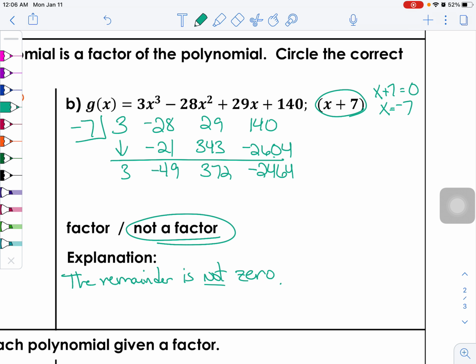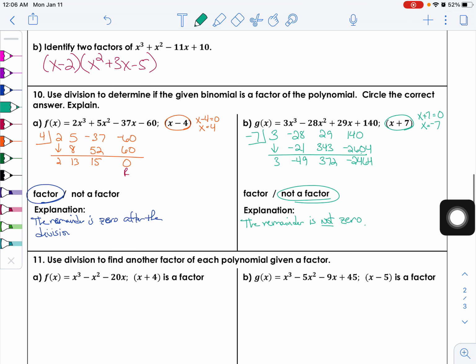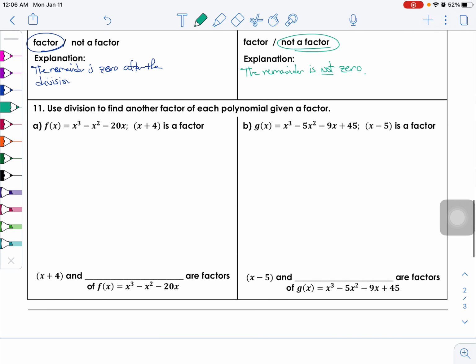I don't know why you keep trying to put an O in 0, O at the beginning of 0. And so that's the deal. If you do your division, you get a remainder of 0, it's a factor. If you do your division and you don't get a 0, it's not a factor. Okay, so that's the idea.